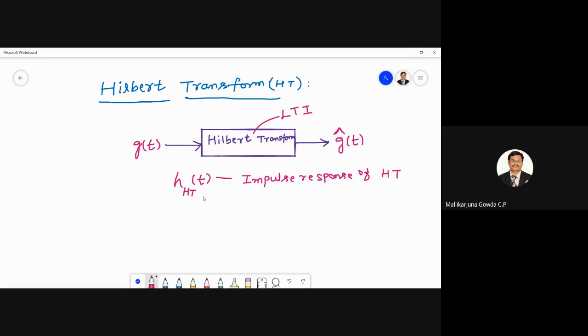So this is in the time domain. In the frequency domain, I usually denote it by capital H, capital H subscript HT of f.